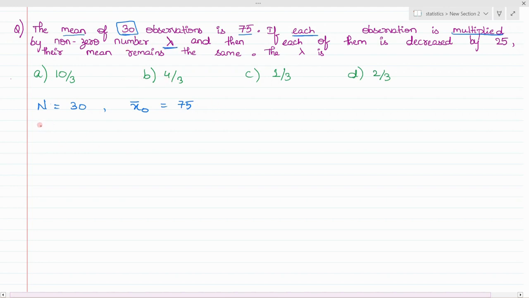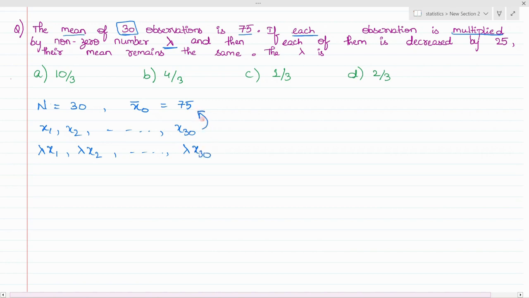So first suppose the original data is something like x1, x2, so on till x30. But now each observation is multiplied by lambda. So it becomes lambda times x1, lambda times x2, so on till lambda times x30.